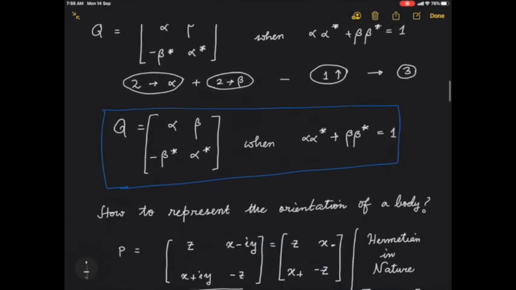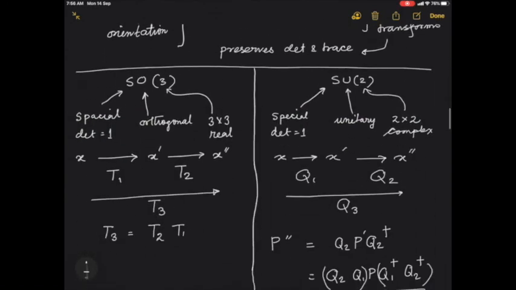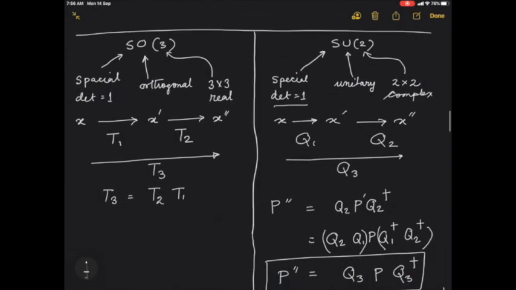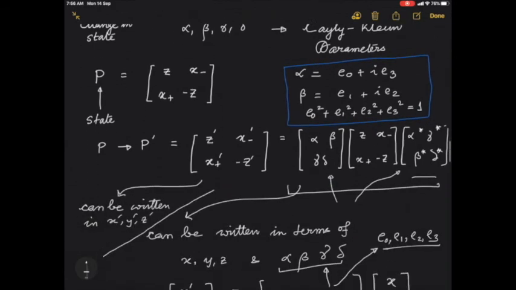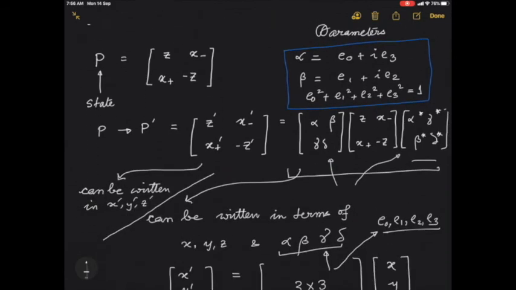Today we have learned a different representation which we called the SU2, special unitary 2 cross 2 complex matrices. And we saw how to represent rotation in terms of SU2.